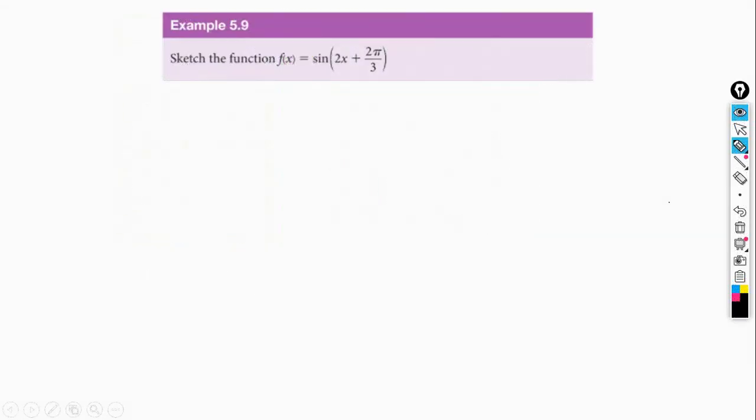We continue with example 5.9, and it says sketch the function f of x is equal to sine of 2x plus 2 pi thirds. So the first thing we need to do is to rearrange this function and be able to identify a, b, c, and d. So let's write it as f of x is equal to sine of 2 times x plus pi thirds.